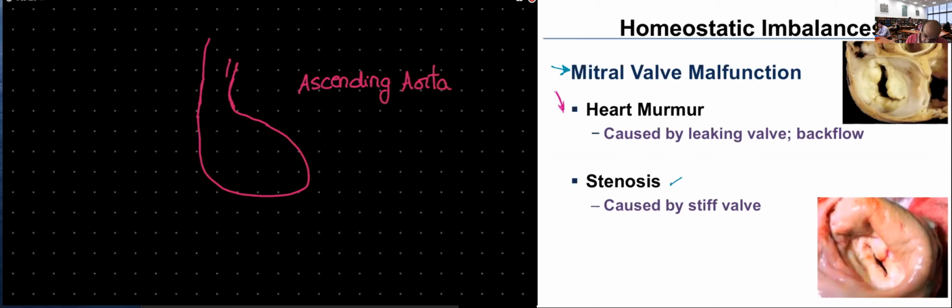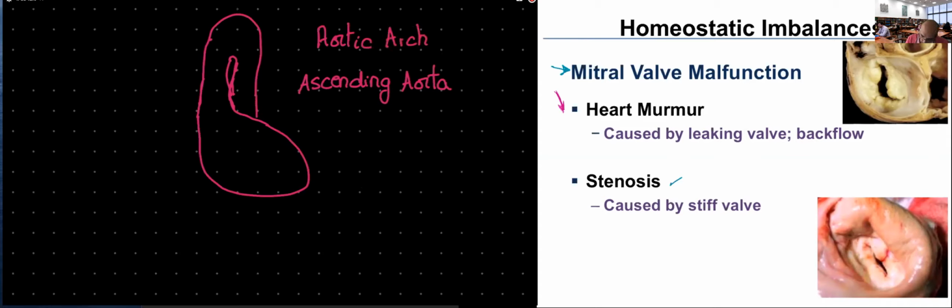And part of it will be curving, traveling from the right side to the left side, like this. We call this my aortic arch.